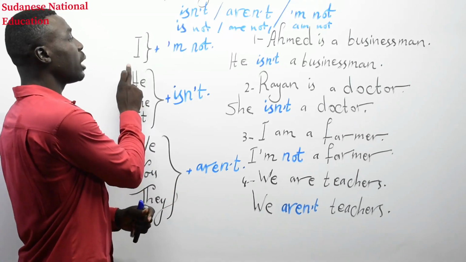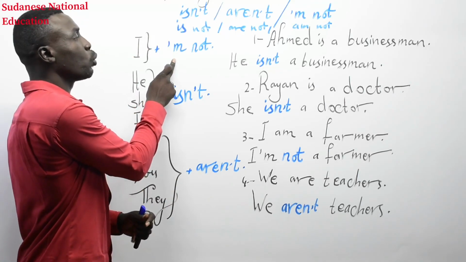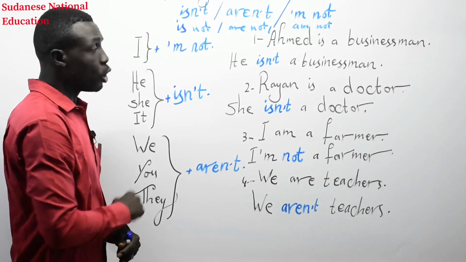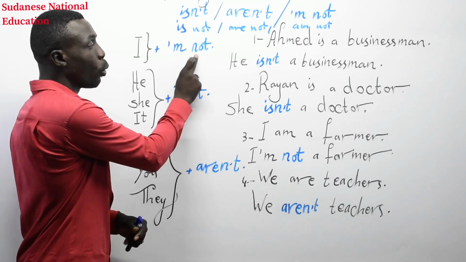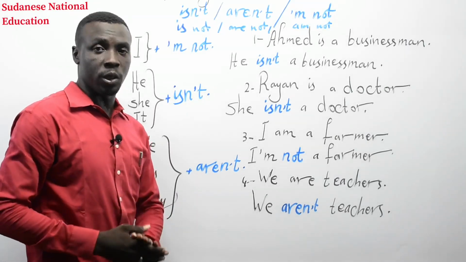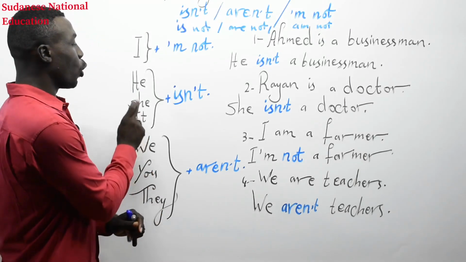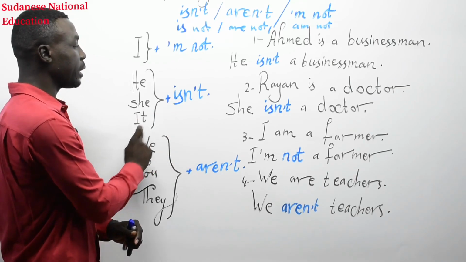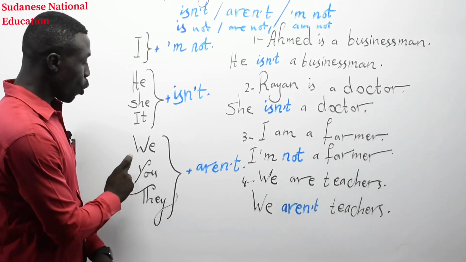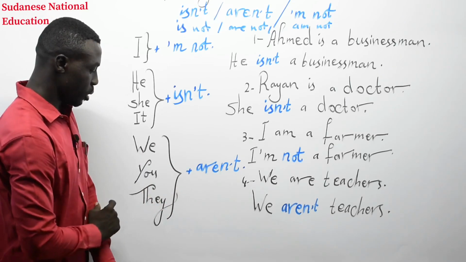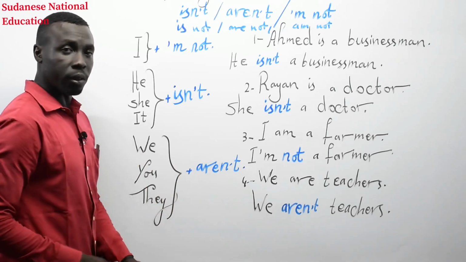With I, we say I am, but we say I am not in making negative. When we add not to the sentence, it gives the opposite meaning of the sentence. So he isn't, she isn't, it isn't, we aren't, you aren't, they aren't.